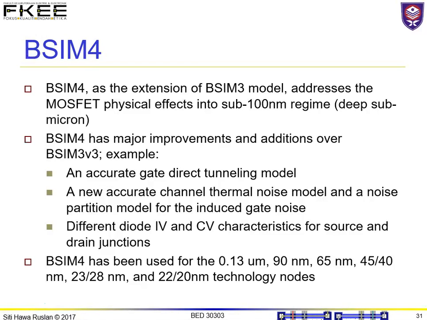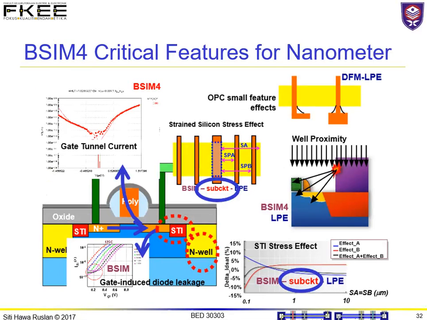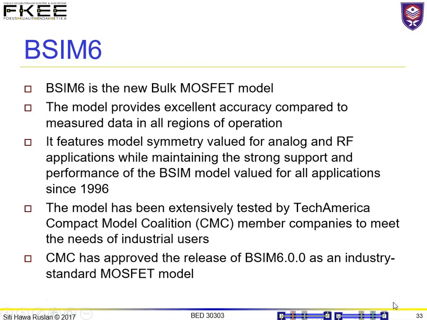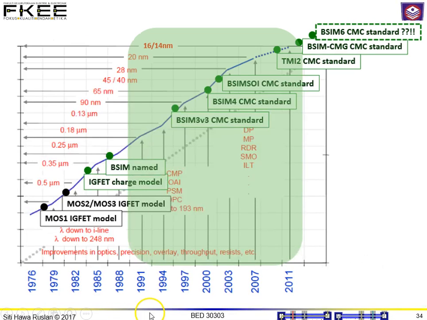This is for deep submicron. So this is the current one. If you see, BSIM4 will model the gate tunneling current and so on. Now we have BSIM6. This is for the bulk MOSFET model. So this is the evolution from the bigger transistor until now it is about 14 nanometer.